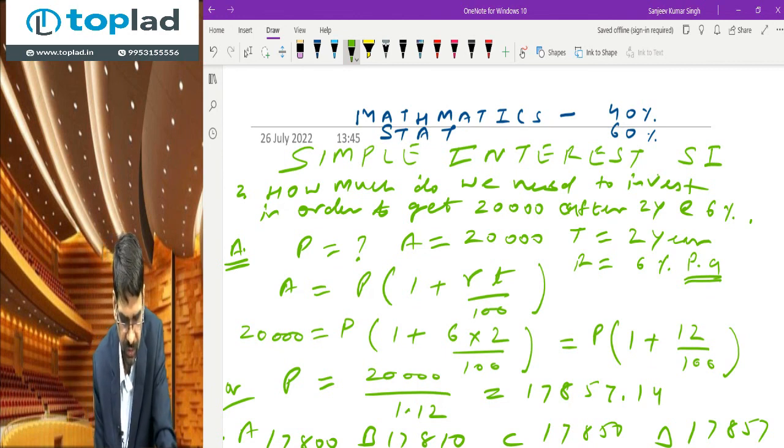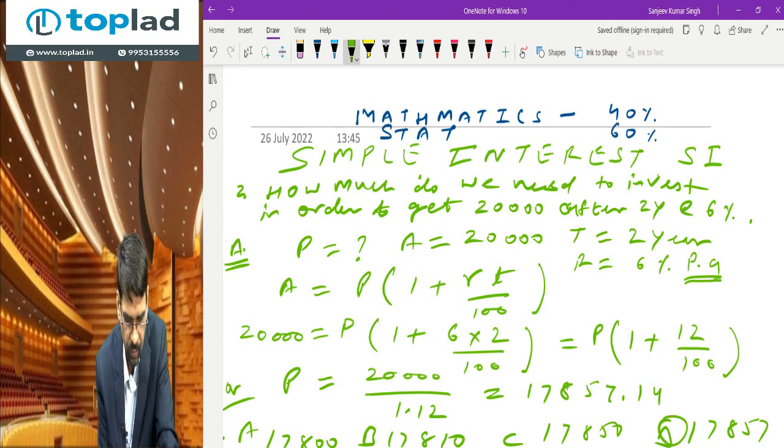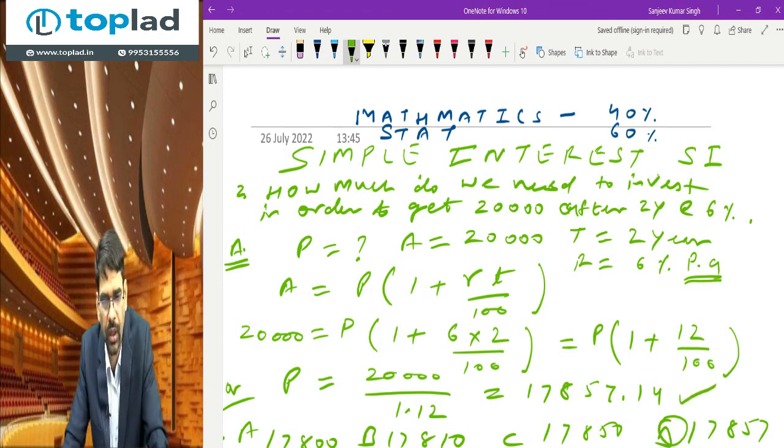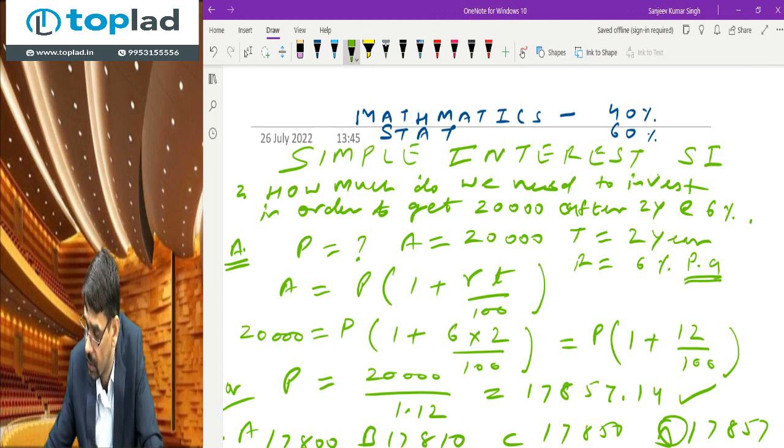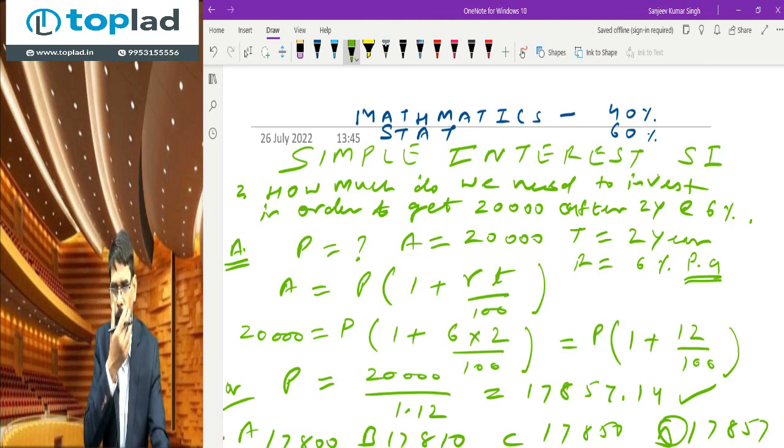You just choose the correct answer, D. So D is the correct answer. Understand the steps. You just read the question correctly. At least read 2 times.